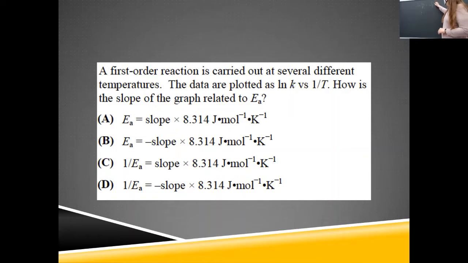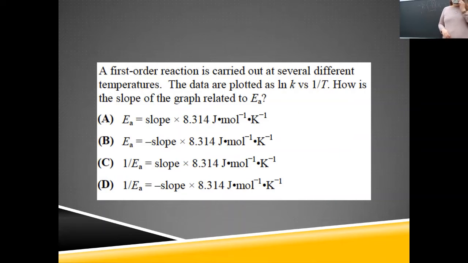So what does this make negative EA over R? What's that going to work out to be? Slope. Exactly, that's my slope, okay? So when we were looking at the order of the reactions, we could just look at that number and know what K was. But in this one, we have to do a little bit of math, okay?